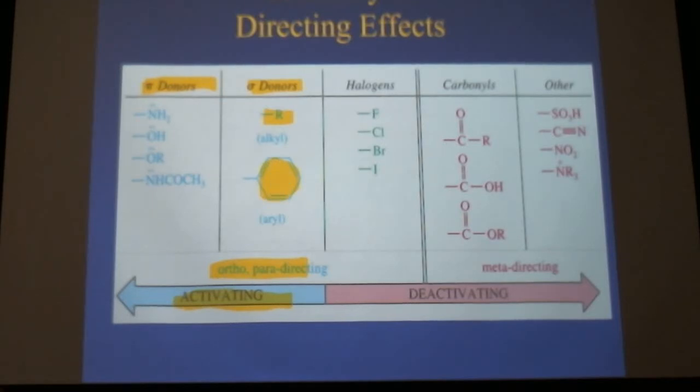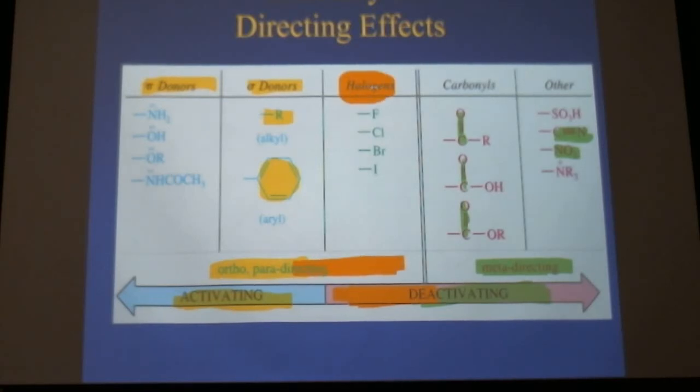Your deactivators, which are meta directors, have a carbonyl bond oxygen, aldehydes, ketones, carboxylic acids, esters, or a carbon triple bond nitrogen, or a nitrogen double bond oxygen, any one of those things. And then there's the weird in between, where I'm a deactivator, but ortho-para director. And those are your halogens. Okay? So this inherently gives you the final story.